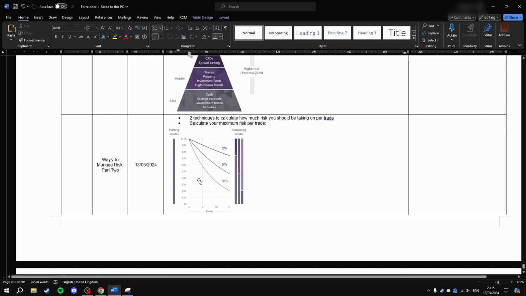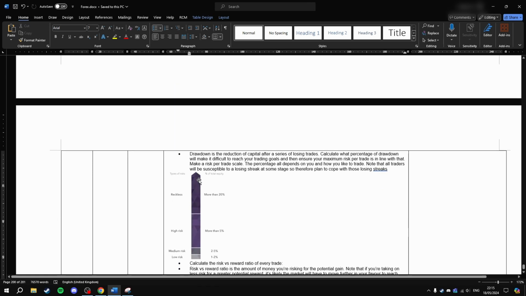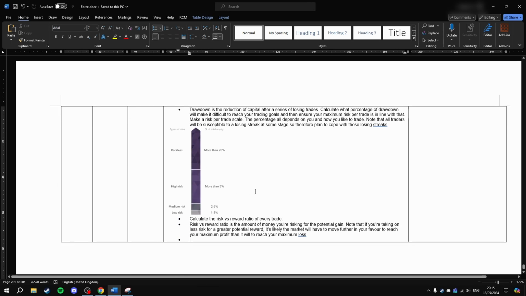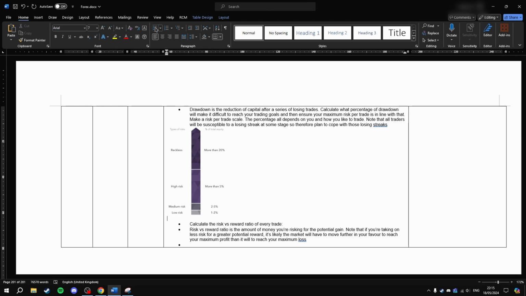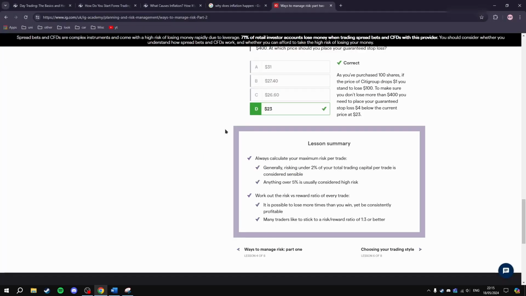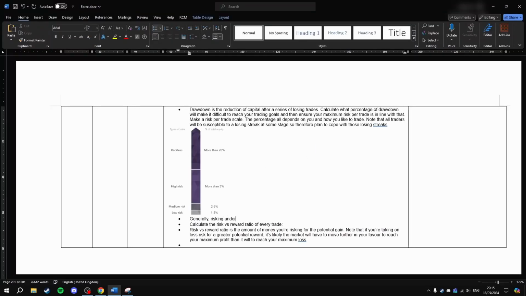So, generally, risking under 2% of your total trading capital per trade is considered sensible.